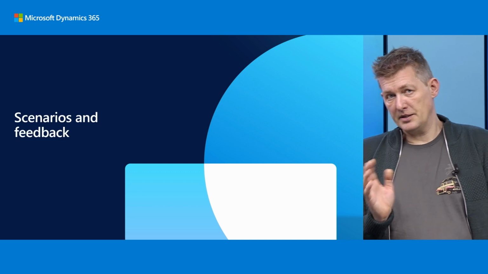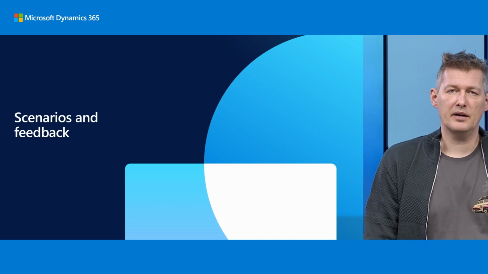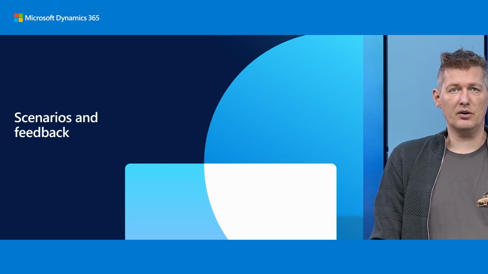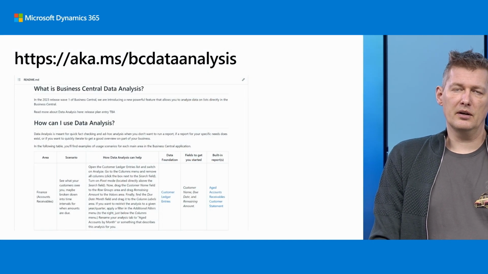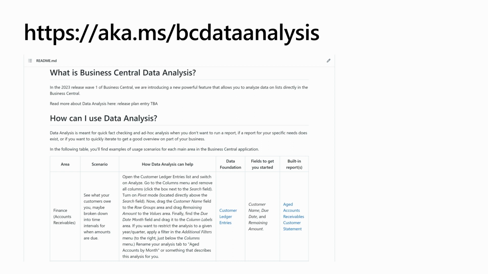Well, as I mentioned, we prepared a catalog of scenarios for you. For this URL, https://aka.ms/bcdataanalysis. This takes you to a place, it's on GitHub, but it doesn't really matter.